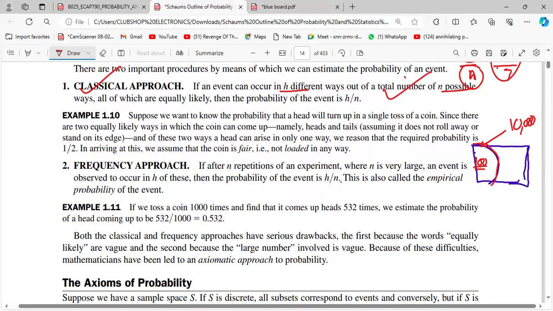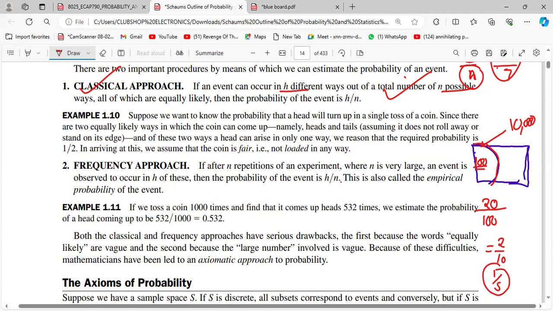Then from this 100, we discover that only 20 out of 100 are able to afford 3 square meals in a day. What is the probability then? The probability is 20/100, which is 1/5.